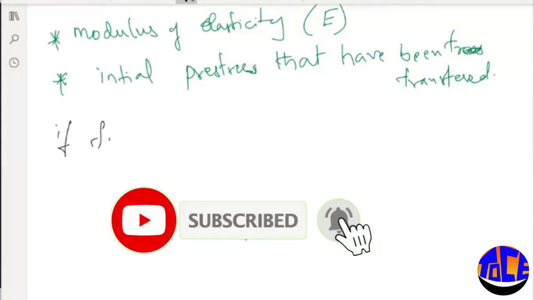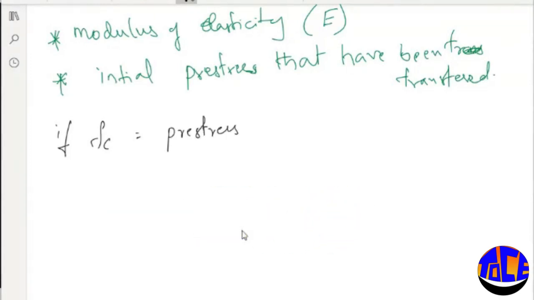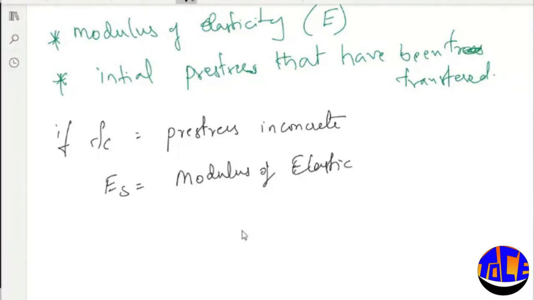Let us say Fc equals pre-stress in concrete, Es equals modulus of elasticity of steel, and Ec equals modulus of elasticity of concrete.